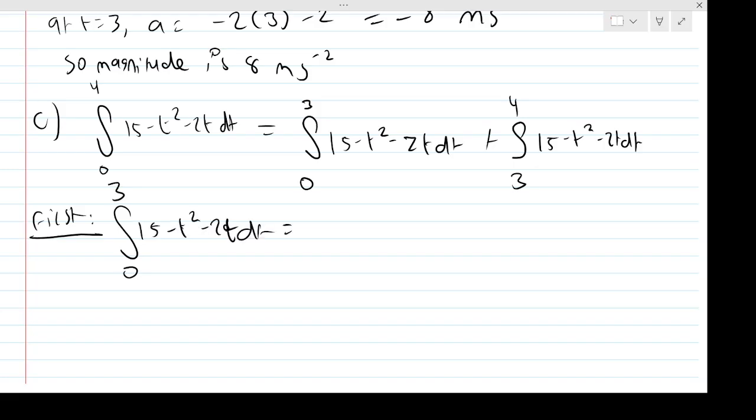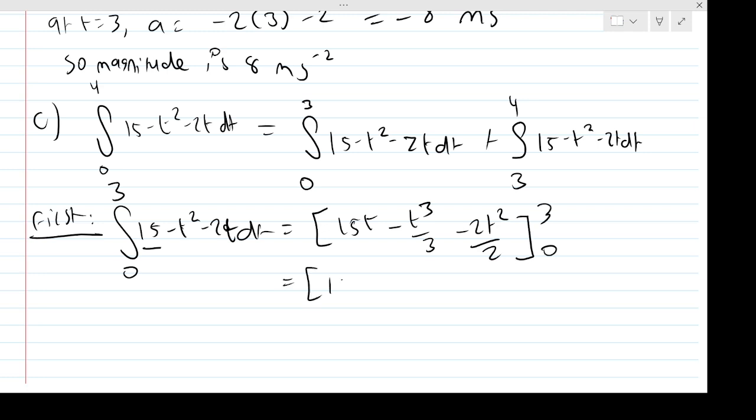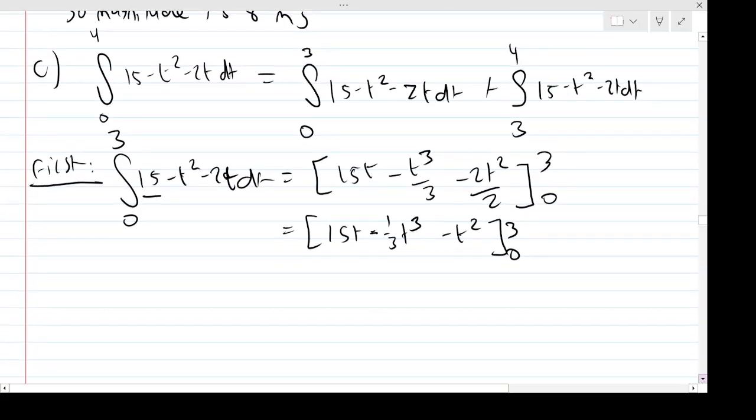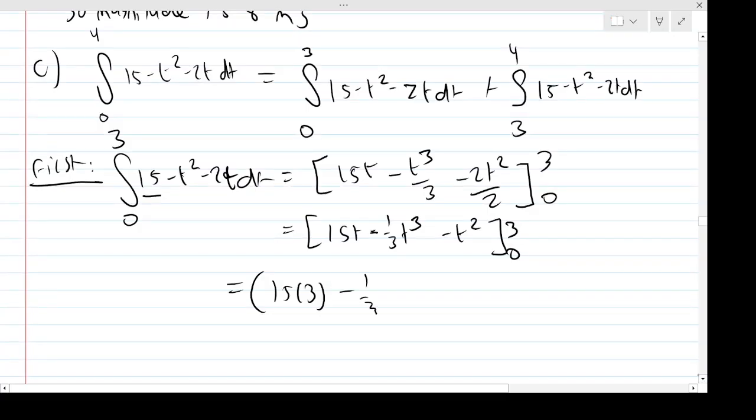firstly, between 0 and 3, while we integrate this, well, 15 goes to 15t, then minus t squared goes to minus t cubed over 3, then minus 2t goes to minus 2t squared over 2. Between 3 and 0, we can simplify this to get 15t, take away a third t cubed, take away t squared between 3 and 0. And so then we sub in our limits. So it's 15 of 3 minus a third lots of 3 cubed minus 3 squared.